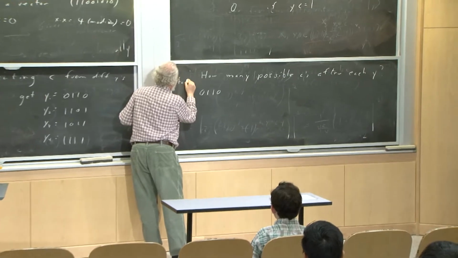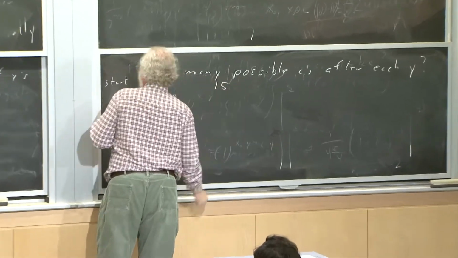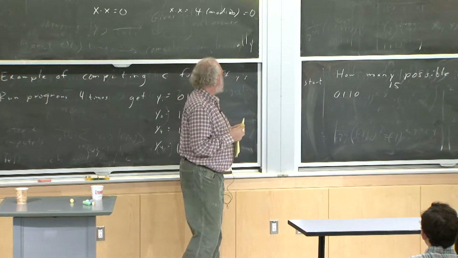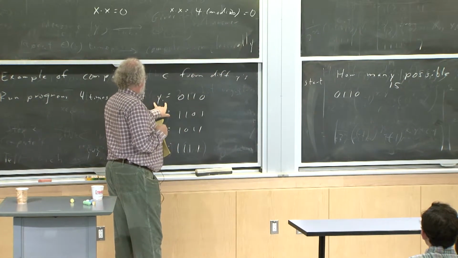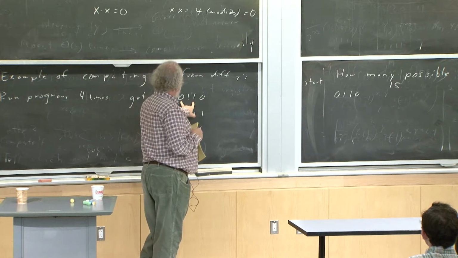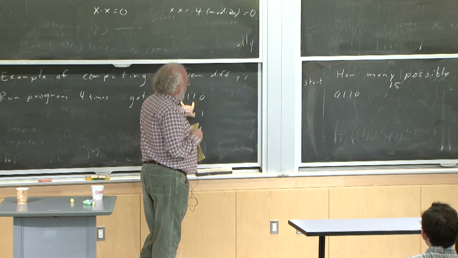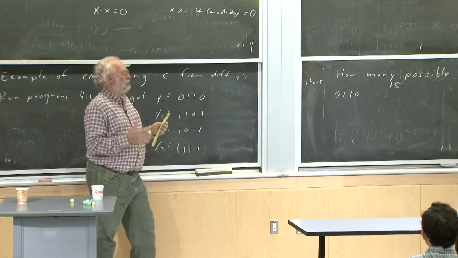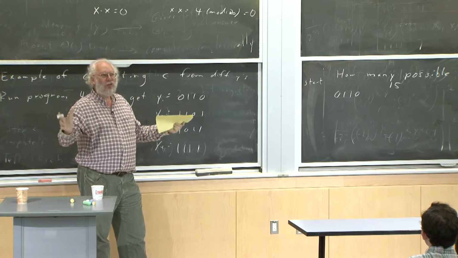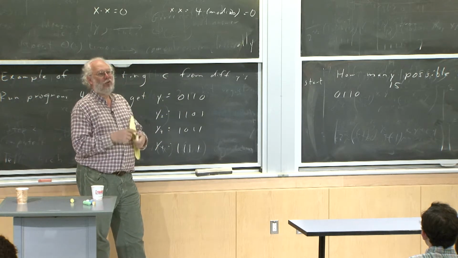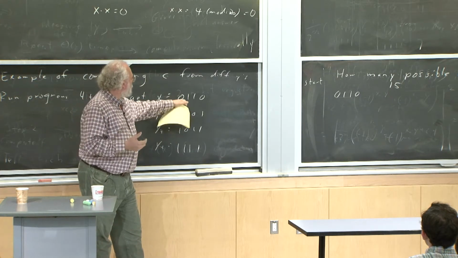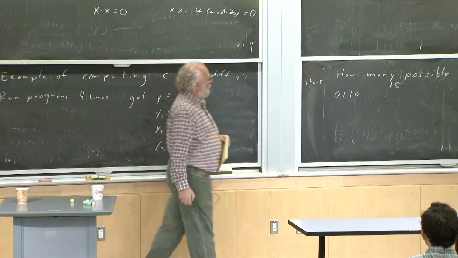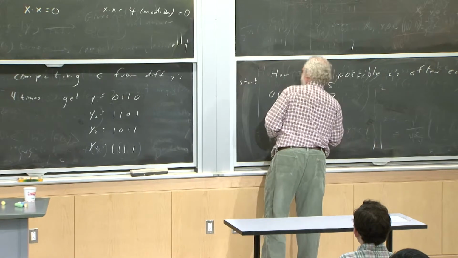There are 15 of them, because C could be anything that's not all zeros. After the first one, 0, 1, 1, 0, out of all possible 16 values, there are 8 which are perpendicular to 0, 1, 1, 0. And of course, we can eliminate the all zeros vector, so there are 7.